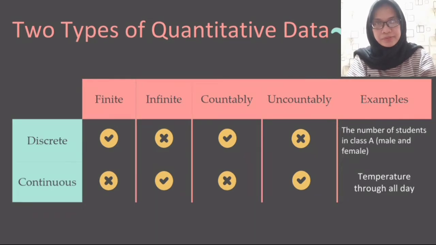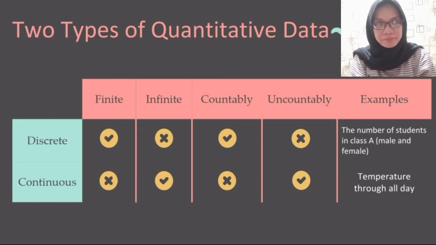And then two types of quantitative data. There are discrete and continuous. Discrete data is finite and countable. Finite means that it doesn't have a fraction, and it can be counted.